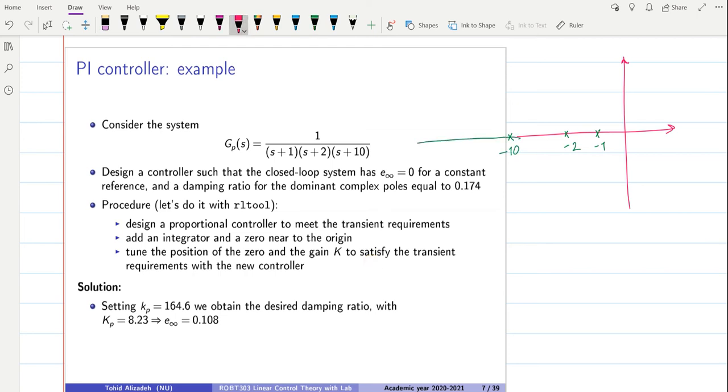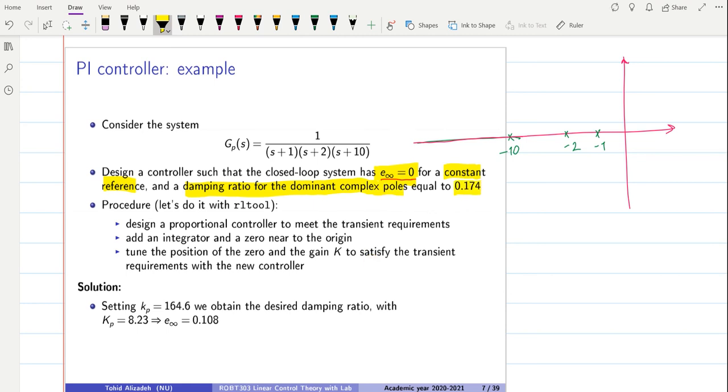And we are supposed to design a controller for this system using the Root-Locus approach such that the steady state error for the closed loop system becomes equal to 0 when we have a constant reference, let's say a step input, and we need to have a damping ratio for the dominant complex poles equal to 0.174.